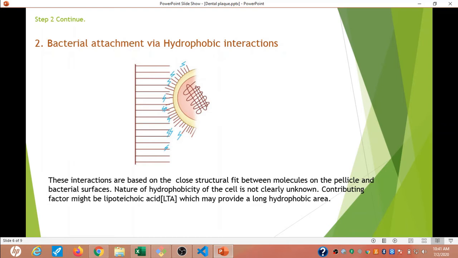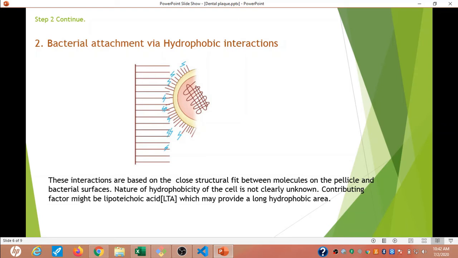Second one, bacterial attachment by hydrophobic interaction. These interactions are based on the close structural fit between molecules on the pellicle and bacterial surface. The nature of hydrophobicity of the cell is not clearly known. Contributing factor may be lipoteichoic acid, which may provide a long hydrophobic area.